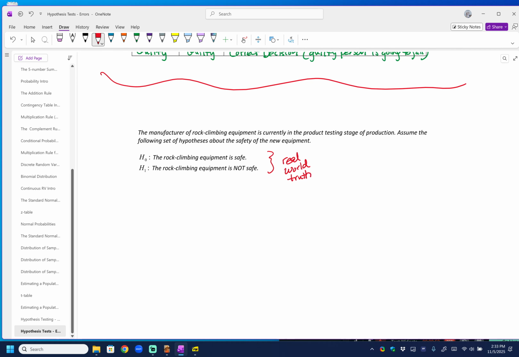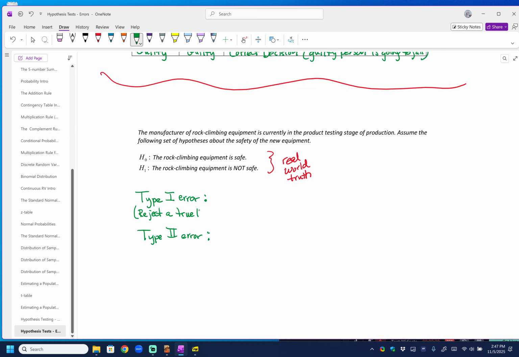Okay, before we get started with this example, because in a second we're going to determine what a type 1 error is in this setting, and of course a type 2 error, we want to make sure that everybody is clear on what each one of these things means. So just as a review, a type 1 error means to reject a true null.